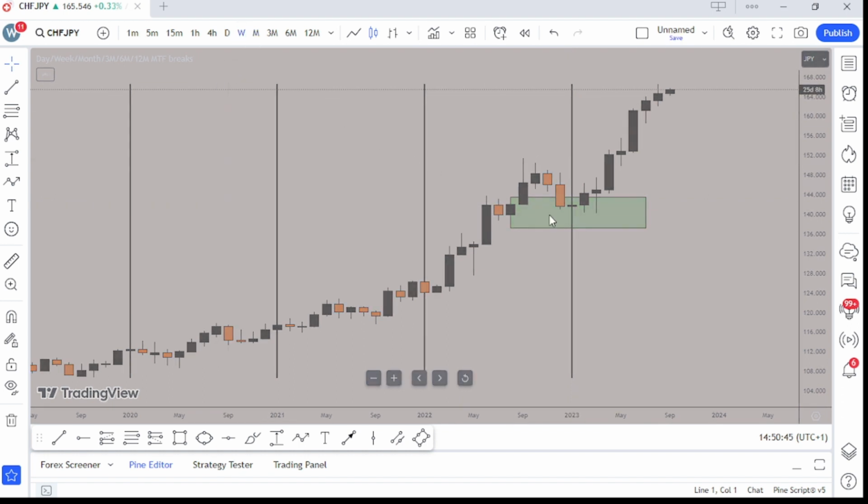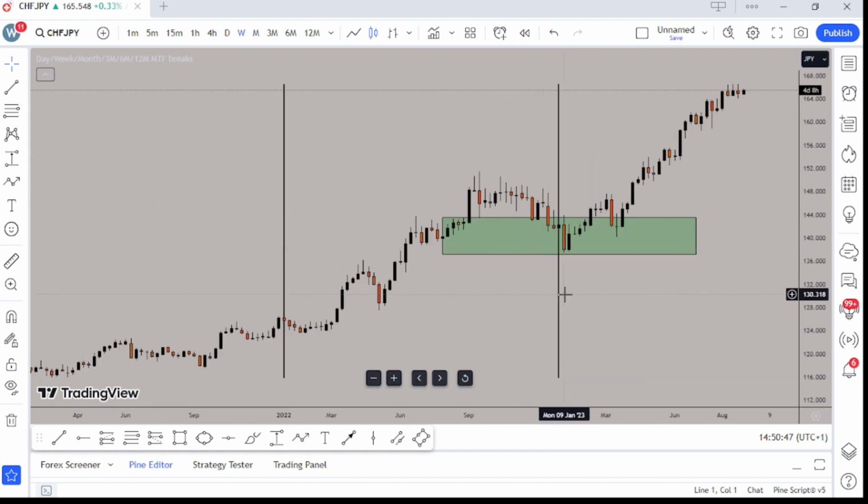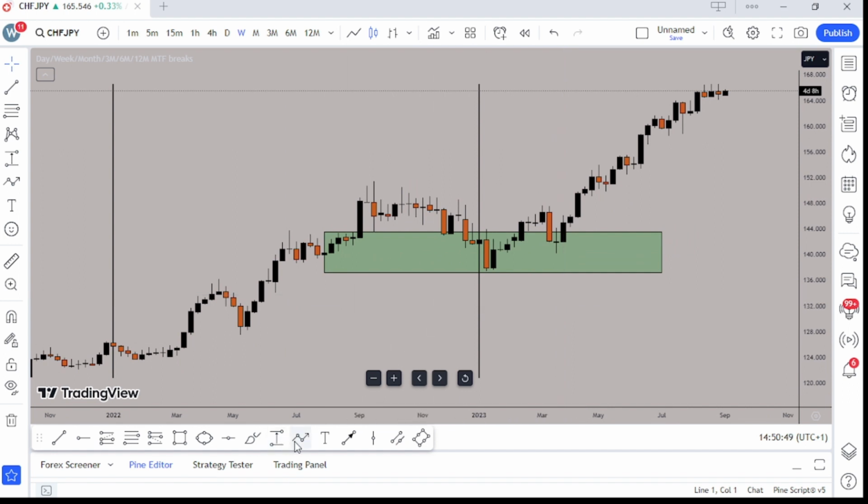The same thing, which is character change. So what is a character change? This is a lower high, this is a lower low, this is a lower high, this is a lower low inside this order block here. Now what happened? This is a higher high above this high, this is a lower high, now this is another higher high. So this very first 6 months has confirmed this.